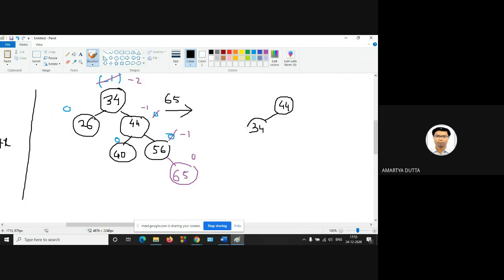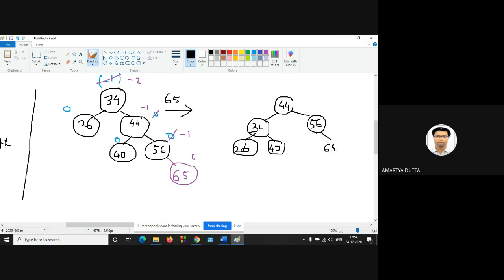This is 34, this is your 26, and this is your 56. 40 will be on the right of 34, because it is a binary search tree. Now right of this is 65.